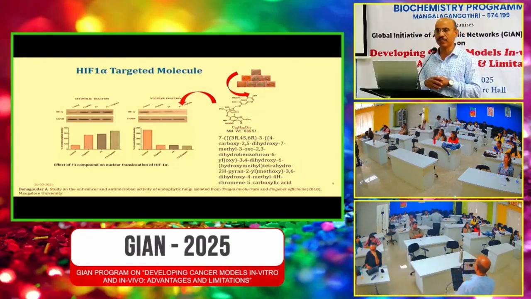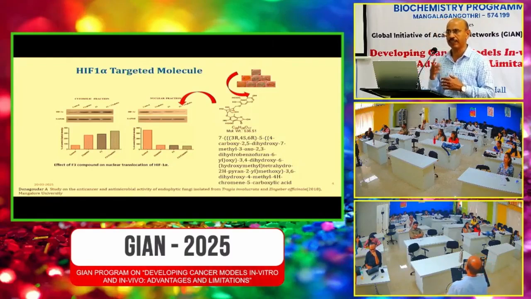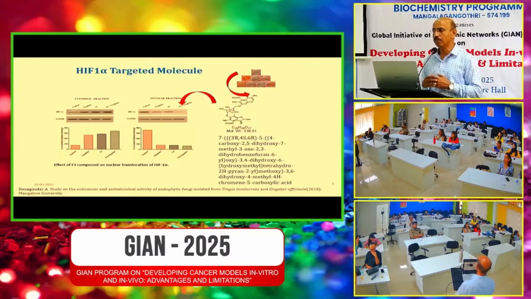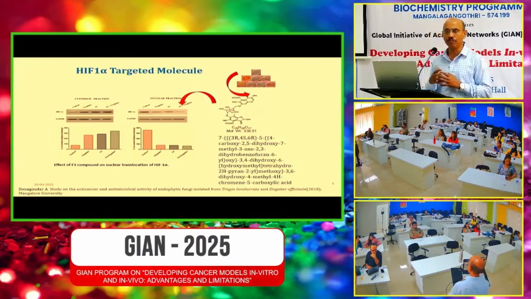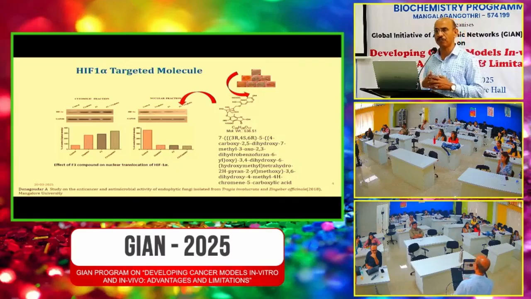So we were curious, instead of isolating all these things, because it used to take a lot of time. We know how much time we spent to purify a single compound. We were carrying out TLC and column, only with those two we were studying, and it used to take lengthy procedures and a lot of time.